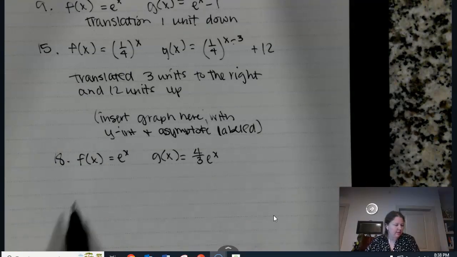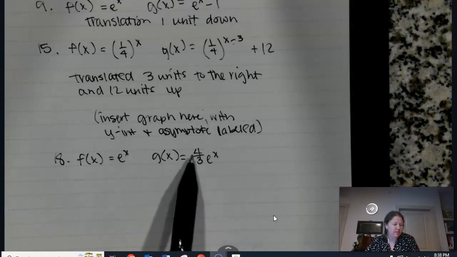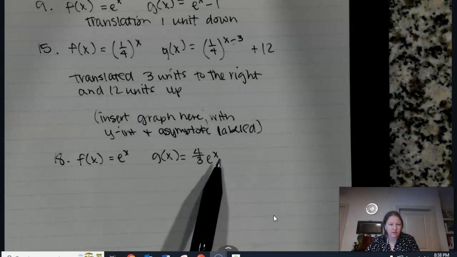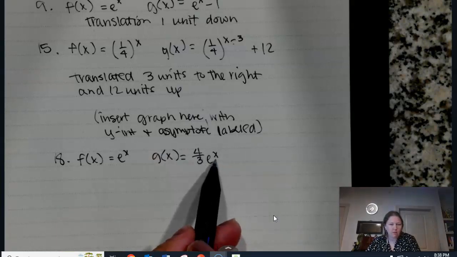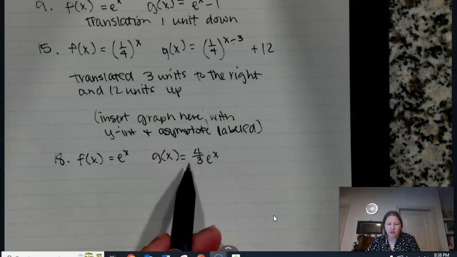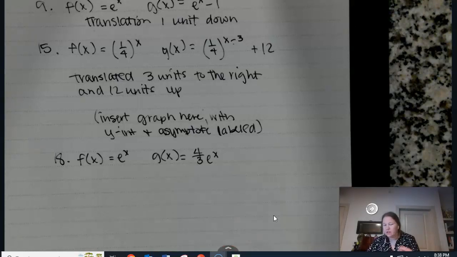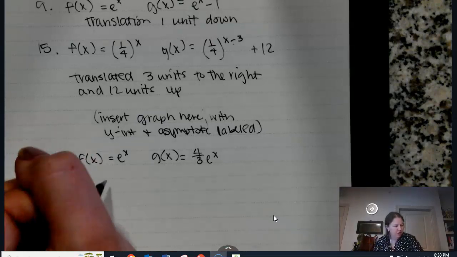Okay, so for 18, you have f of x equals e to the x, and g of x equals 4 divided by 3 e to the x. So if this was a horizontal stretch or shrink, your 4/3 here would be the coefficient of your x, right? But it's not. It's the coefficient of your e, so that means it's going to be a vertical one. And remember, your verticals are bigger than 1 and less than 1. So 4/3 is bigger than 1, so therefore it's going to be a vertical stretch.